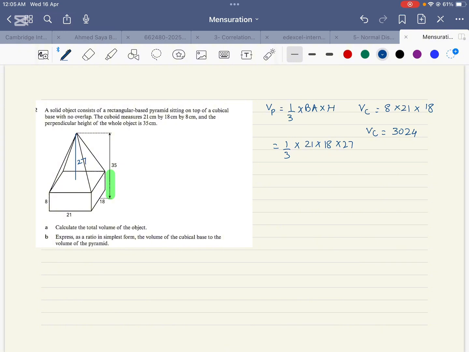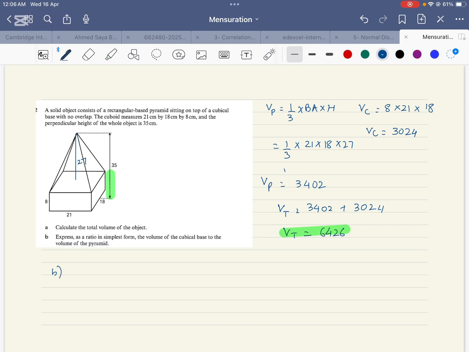So 1/3 into 21 into 18 into 27, this is 3402. There is a reason why I have calculated both of these separately. So total volume is equal to 3402 plus 3024, which is 6426. This is the answer for part A.